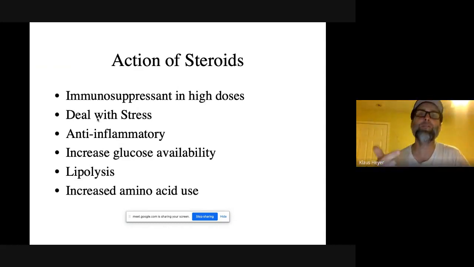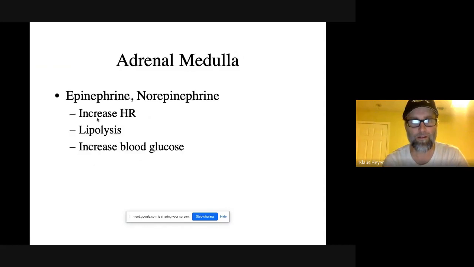I think we have time to do one more. Let me break away from the cortex. Let me talk about the medulla, because it'll be pretty quick. It's right here. The medulla, the creamy filling of the Twinkie that is the adrenal gland, produces a class of chemicals called catecholamines, but I'm mostly interested in these two, epinephrine and norepinephrine, previously referred to as adrenaline and noradrenaline.